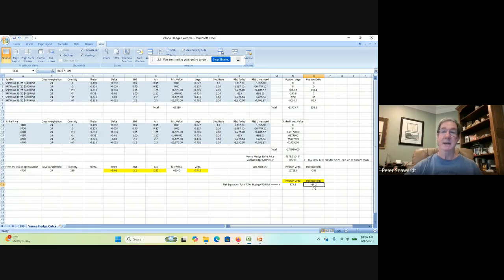These were near the money options, and you have to deal with them then as near the money verticals. So just be aware that the Vanna hedge is great until the market moves down to where these become near the money. All right, any questions?